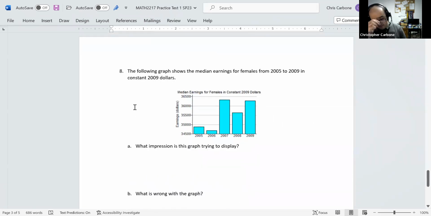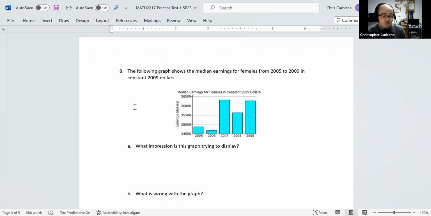Number 8, I gave a graph, which shows the median earnings for females from 2005 to 2009 in constant 2009 dollars. And we want to know, what impression is this graph trying to display? Let's look at it. From 2005, we have an amount less than $35,000. But then by 2009, it jumps up to somewhere between 36,000 and 36,500.